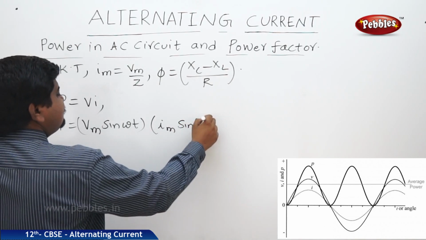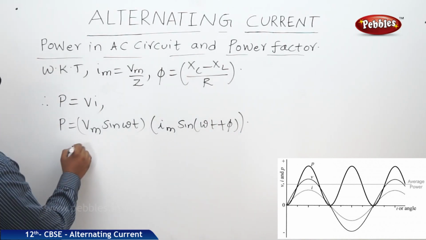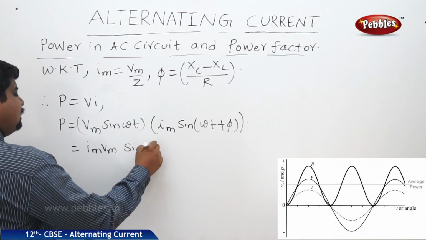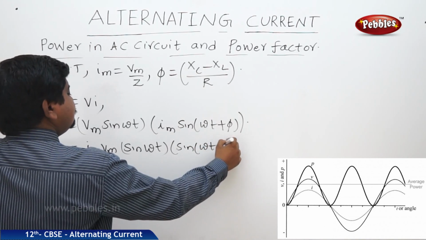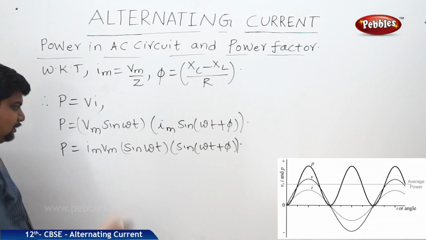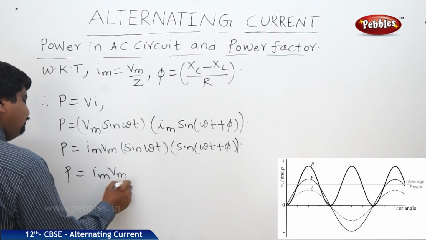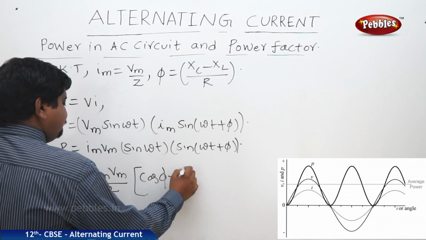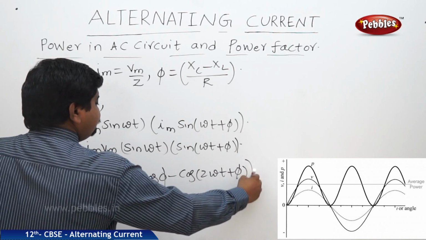Im sin omega t plus phi, phase difference. This whole will become Im Vm into sin omega t into sin omega t plus phi. If you do the calculation, the P value you will get is Im Vm by 2 into cos phi minus cos 2 omega t plus phi.